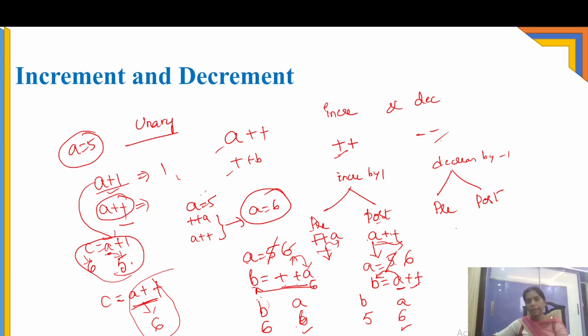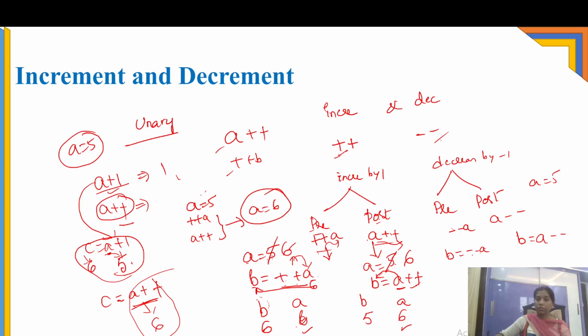In the same way, pre-decrement and post-decrement. Minus minus A, A minus minus. For example, A equals 5, and in this case B equals minus minus A. And B equals A minus minus.